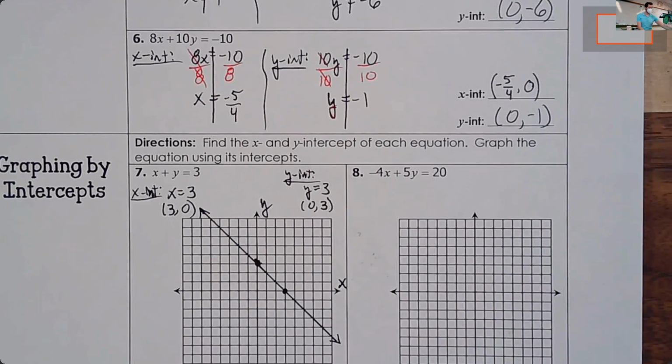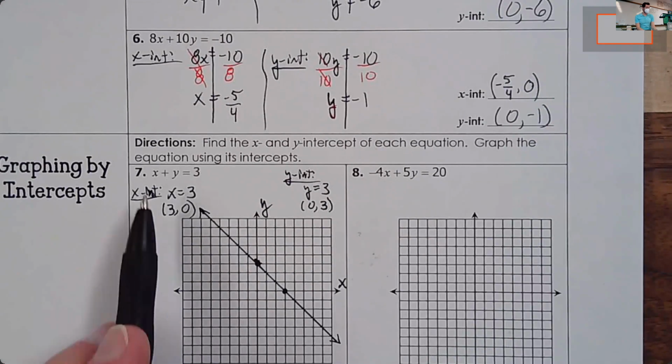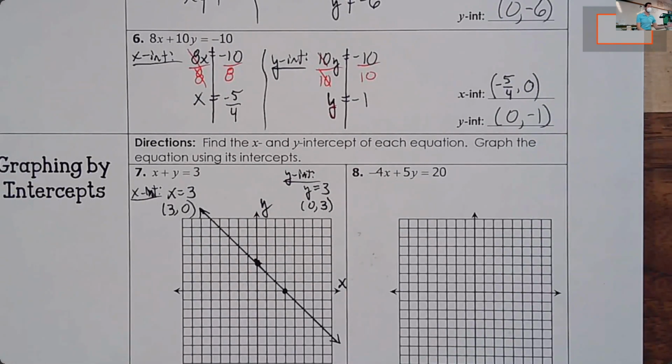So it's just another way of getting a line on a graph. You don't necessarily have to convert standard form into slope-intercept form in order to graph. You can certainly choose to do that, unless the directions tell you to graph using a particular method. All right, any questions on that before we look at 8, 9, and 10?